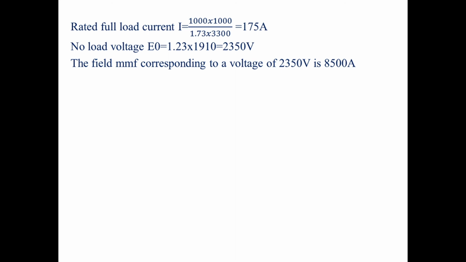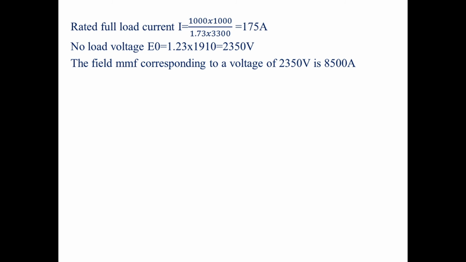What is meant by per unit value? Per unit value is actual value divided by base value, which is given in the problem. So no load voltage E naught equal to 1.23 into 1910. So you will be getting 2350 as the no load voltage.